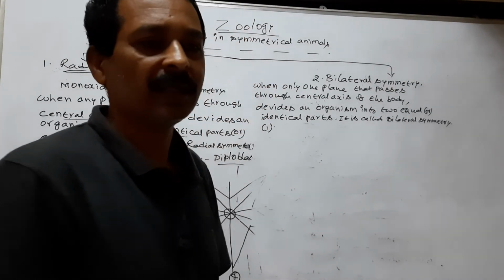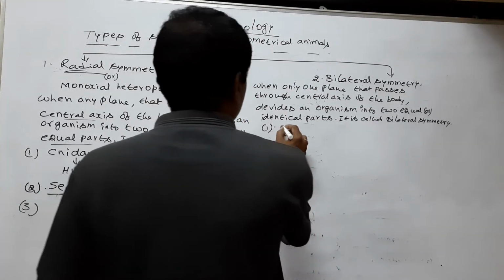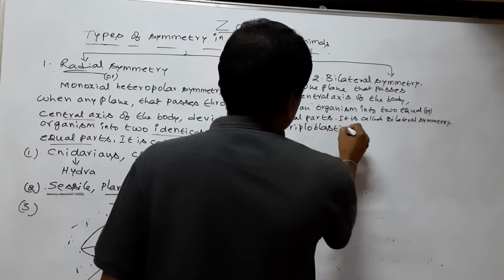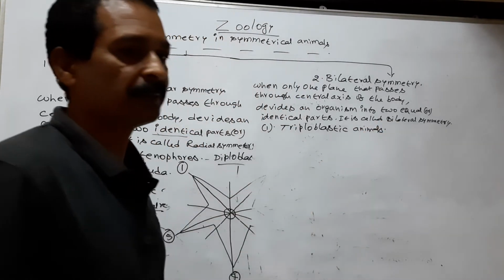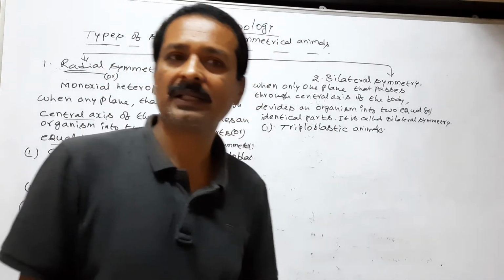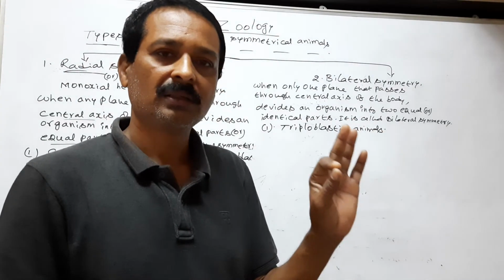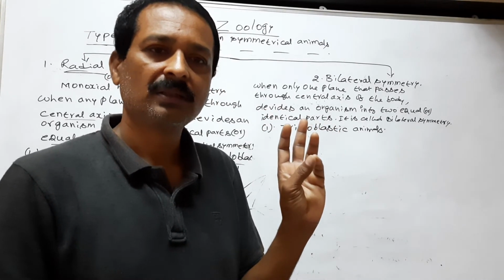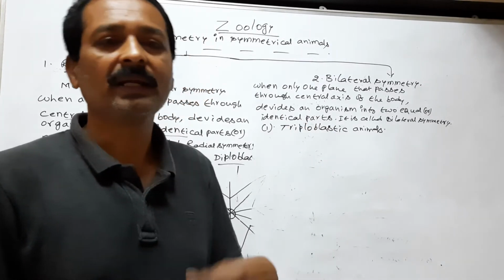Bilateral symmetry is the principal symmetry of triploblastic animals. The examples of triploblastic animals are phylum Platyhelminthes, phylum Nematoda, phylum Annelida, phylum Arthropoda, phylum Mollusca, phylum Echinodermata, phylum Hemichordata, phylum Chordata.